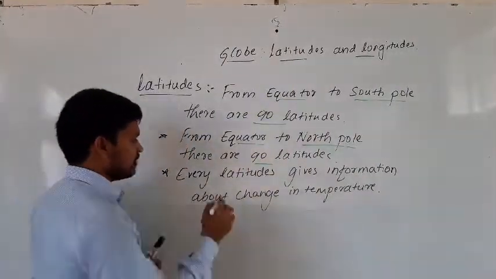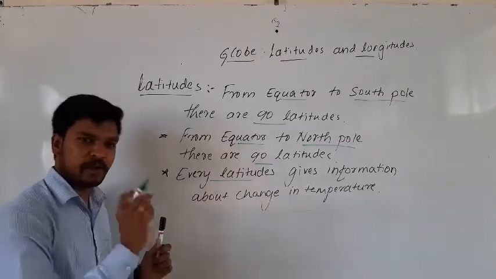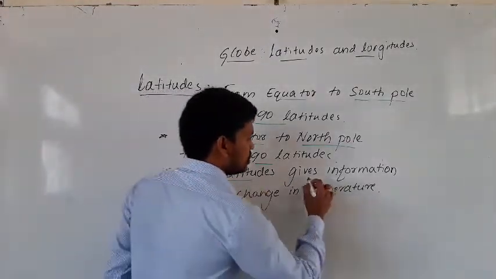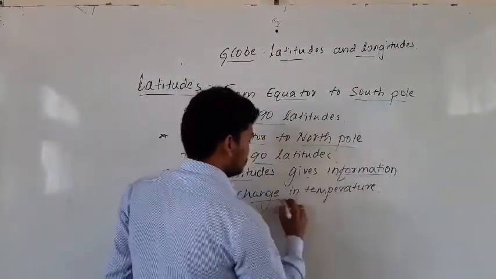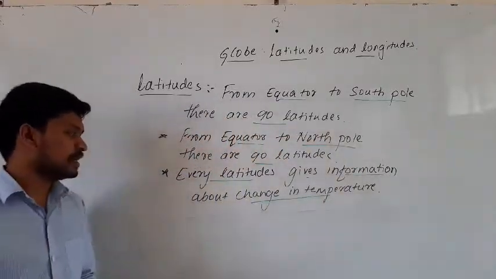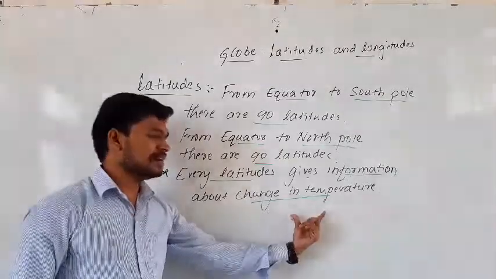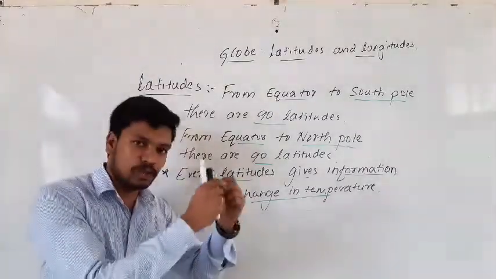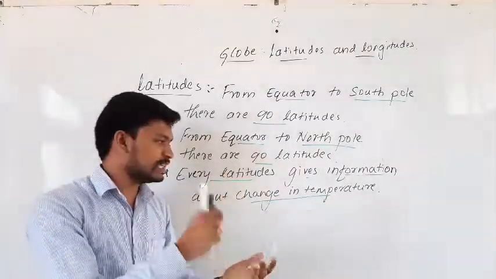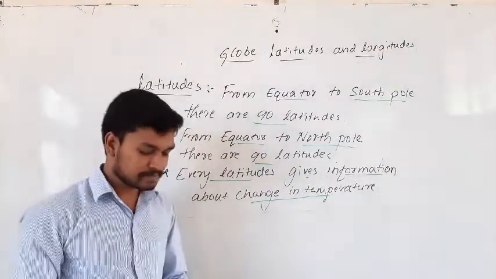Every latitude gives information about change in temperature. These latitudes are drawn on the global map to get information about change in temperature.